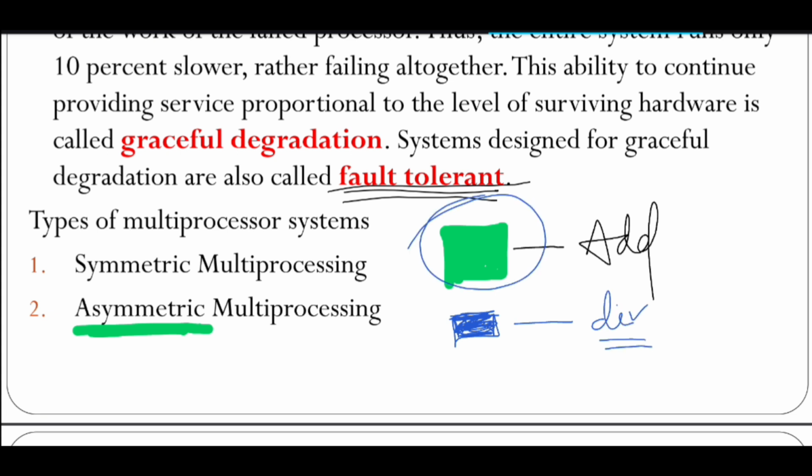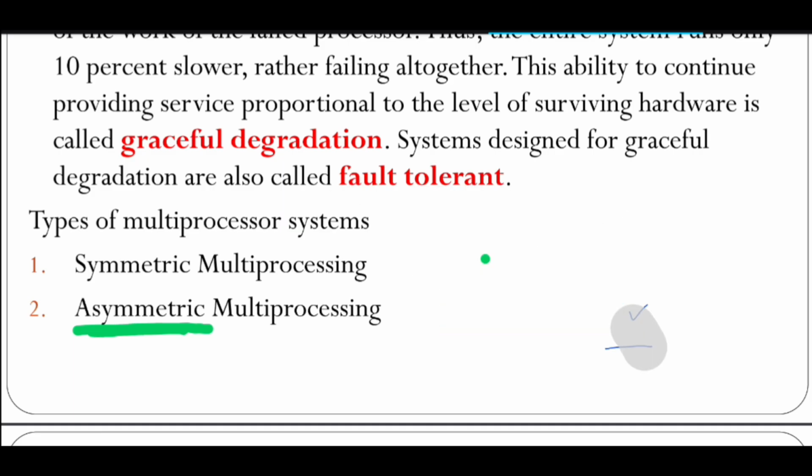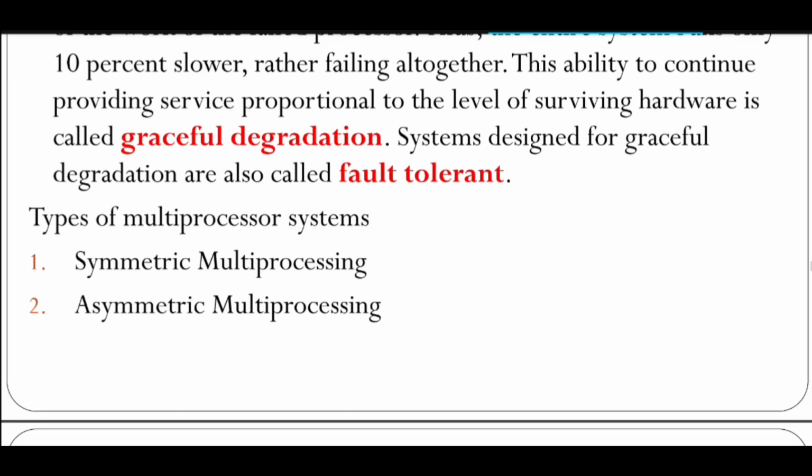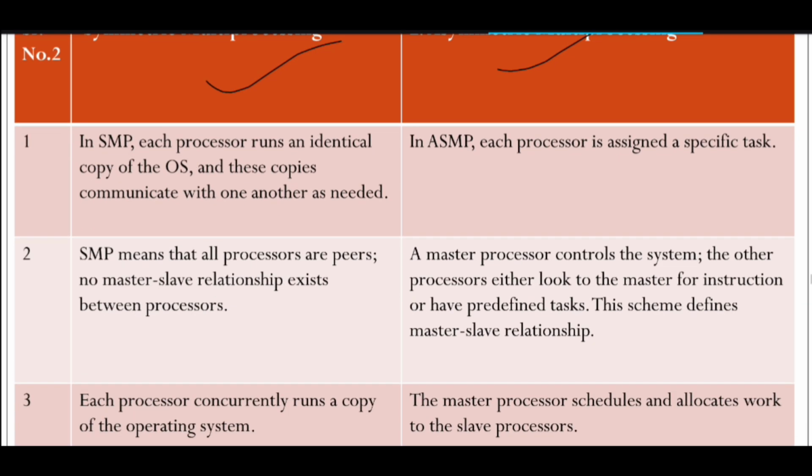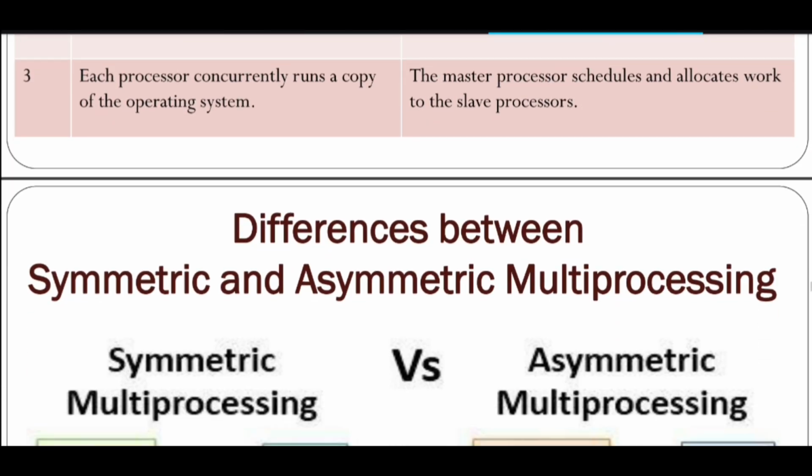Each processor is dedicated to its work. This processor can't divide and this processor can add. This is the asymmetric nature. Here I described symmetric processing and asymmetric processing. You can write these points in your notes.